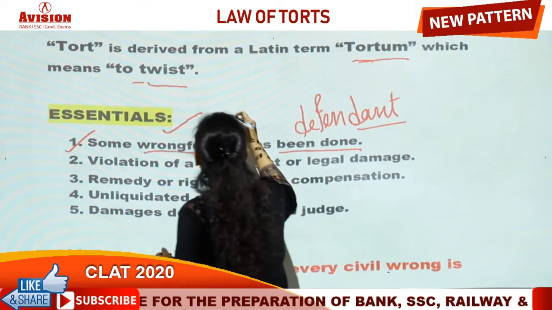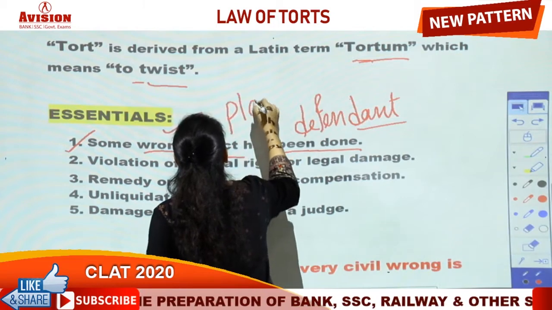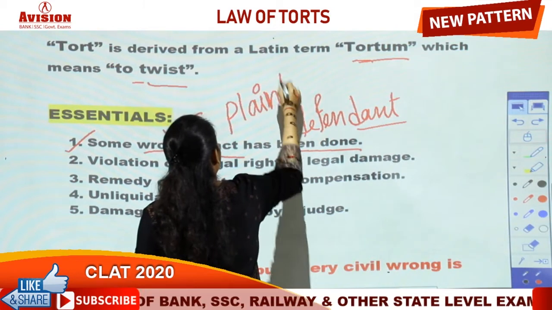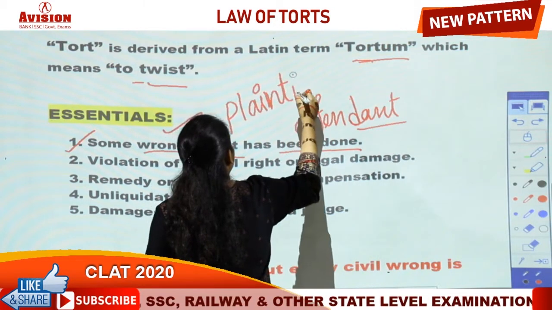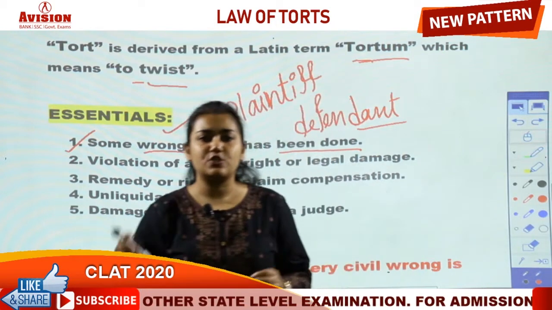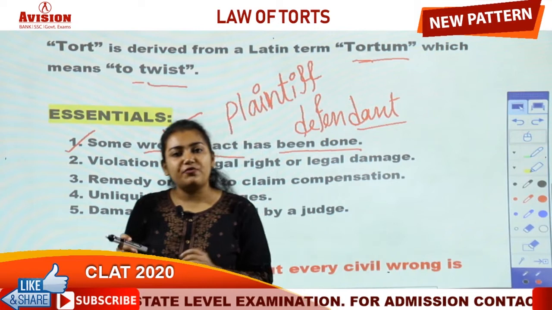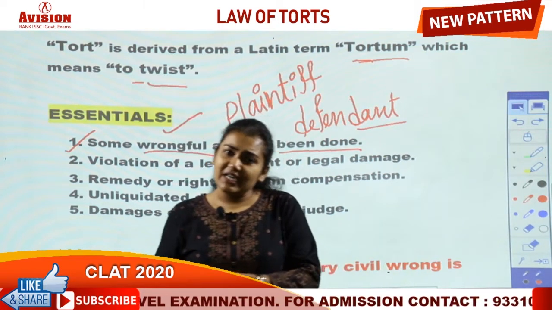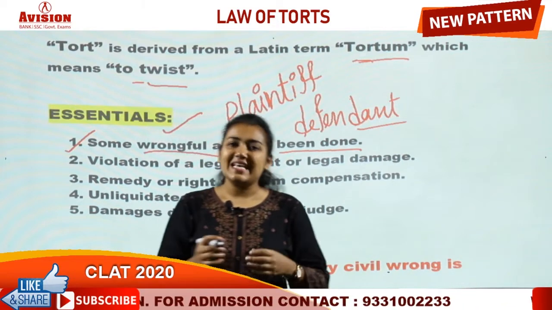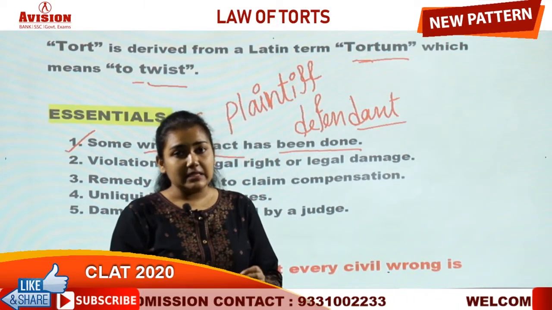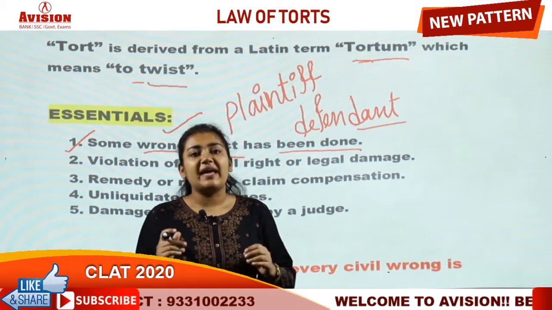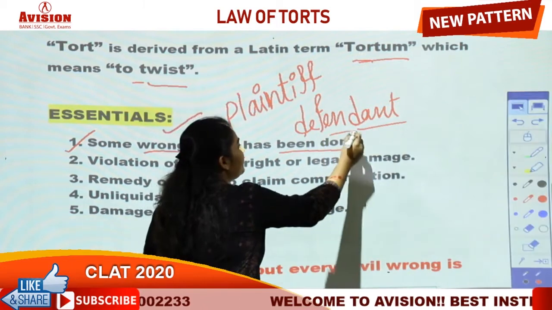So, in any civil suit, the person who files the suit, who is aggrieved or to whom the wrong has been done is the plaintiff, and against whom the suit has been filed is the defendant.